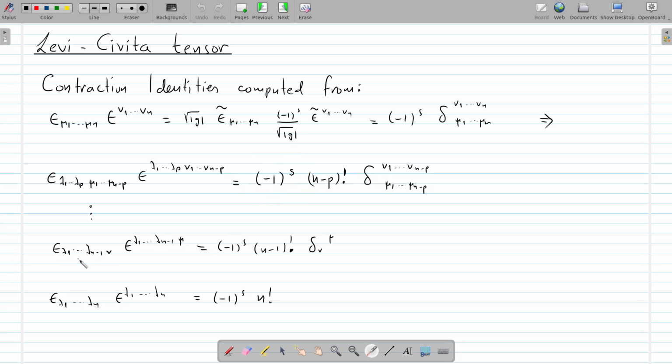Now if we contract all indices but the two last ones, this is an identity that can be useful. And then of course the identity that is obtained by contracting all indices. That will give us n factorial, but there is this minus 1 to the s sign here.